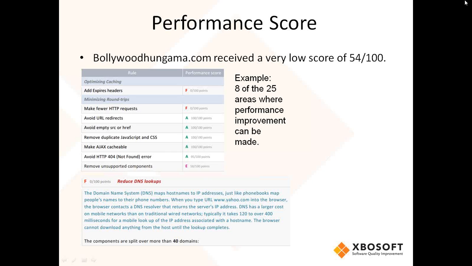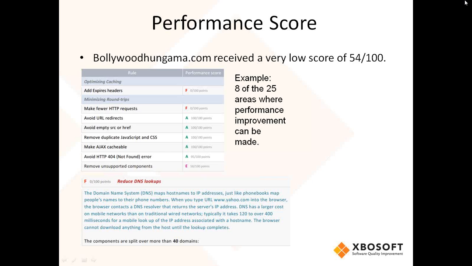And that can make a huge performance improvement by just making that change there. But they made their AJAX code cacheable. That was good. They had many unsupported components that phones couldn't support, which caused problems.